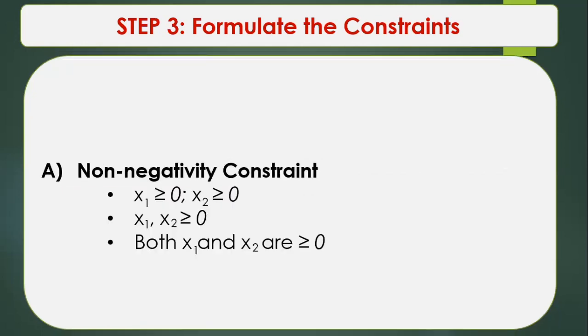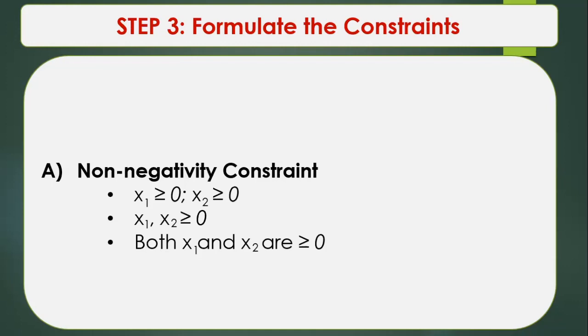That would be x sub 1 greater than or equal to 0, x sub 2 greater than or equal to 0, or it can be written as x sub 1, x sub 2 greater than or equal to 0, or it can also be written as both x sub 1 and x sub 2 are greater than or equal to 0.